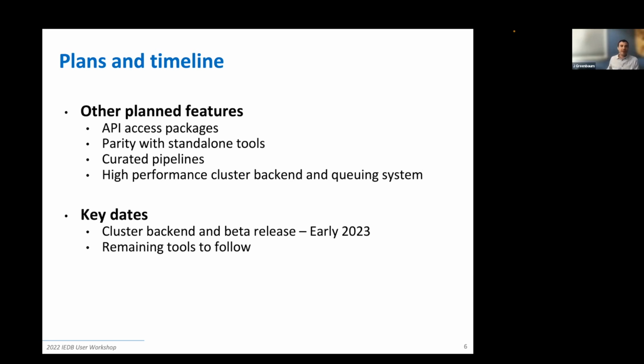And then what we're working on currently is improving the performance by moving all of the computation over to an HPC backend using a queuing system. And we will have that ready for users to test very soon.